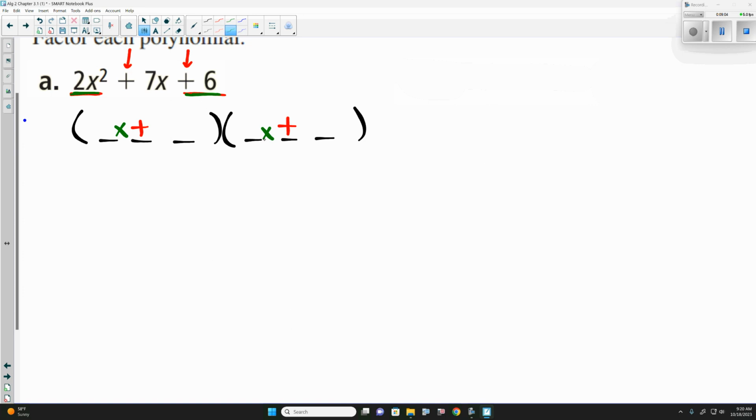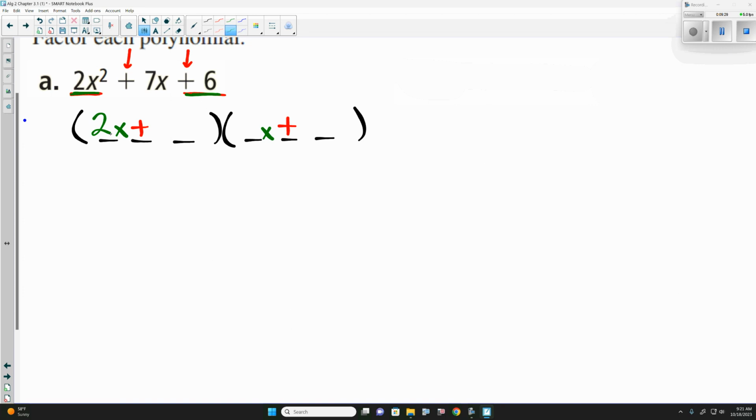Now, if we look at 2, what are the factors of 2? 2 and 1. Are there any others? No. So that means we can just throw that in. We can put the 2 in front of 1, put the 1 in front of the other. We don't have to write it because 1 is understood with the x, but we have this here. Yes? Questions on this here?